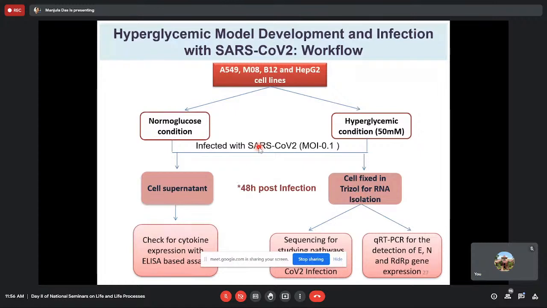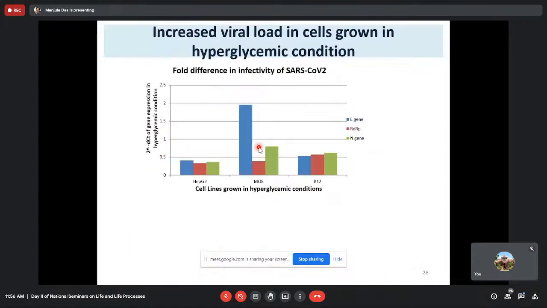We took these cells, and I won't spend much time on these slides, and we infected them with the virus. Upon qPCR of the cells, we saw that in HepG2 there is an overexpression of the viral genes inside the cells. In M08, it was very high. In B12 also, we see overexpression.